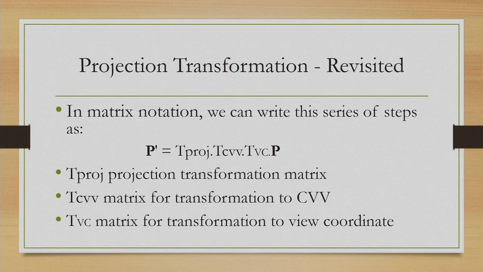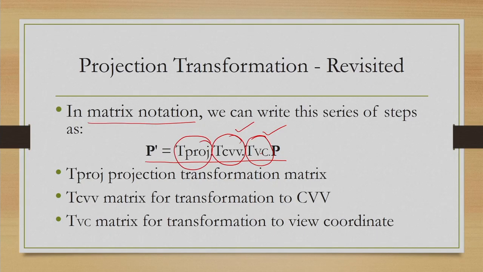Mathematically, or in matrix notation that we are following, we can write this series of steps as shown here in this expression, where this transformation represents the transformation to view coordinate system, this one represents the transformation to canonical view volume, and this one represents the projection transformation.